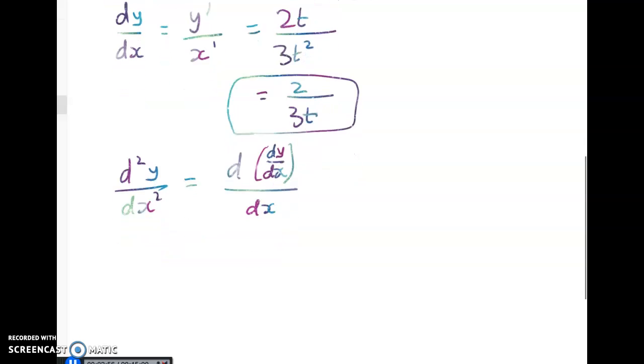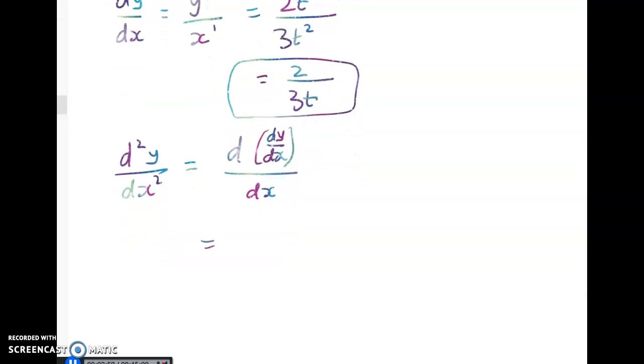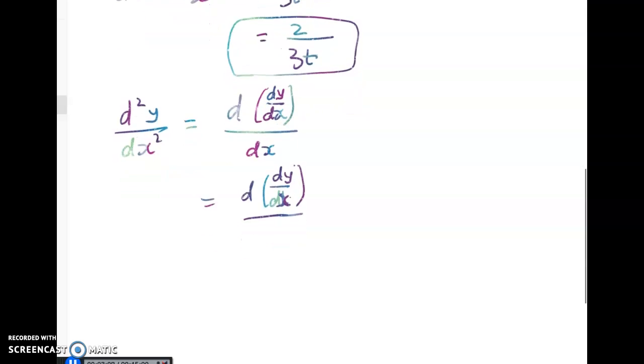Because we have dy by dx in terms of t. So we're going to do the chain rule on it. So this is how you do second derivatives with parametric. This is done really well in old Delta and I think in new Delta as well. So we differentiate with respect to t and then we multiply by dt by dx.